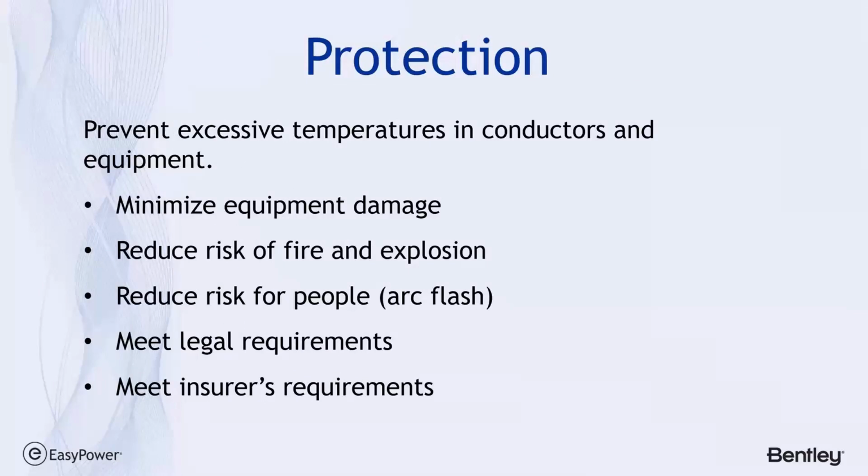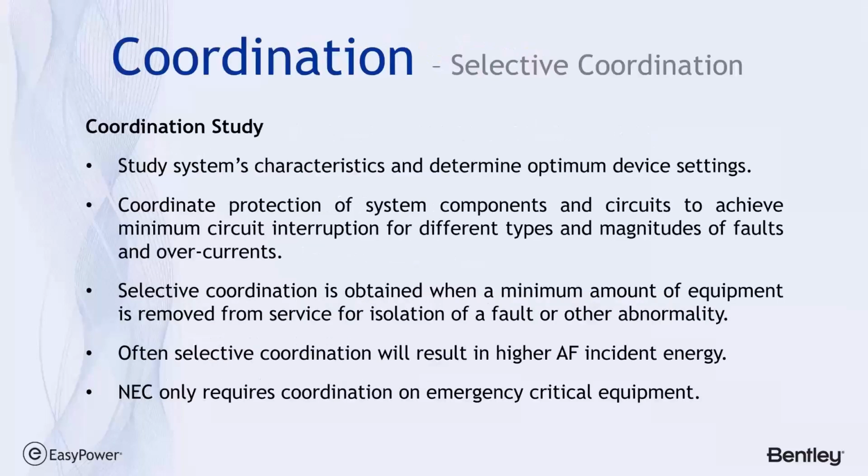Just in review, prevention of damage, fire, human risk, and supported by legal requirements is what enforces the need for protection of the system. Selective coordination is the procedure that we implement to reduce the amount of unnecessary de-energization of the system when we have a fault detected, especially on a remote load.